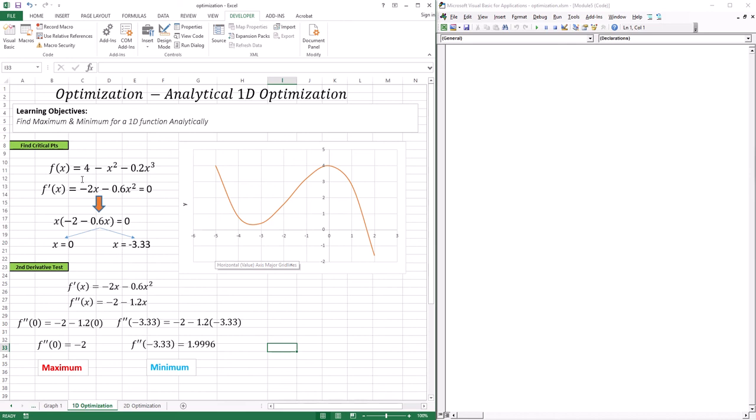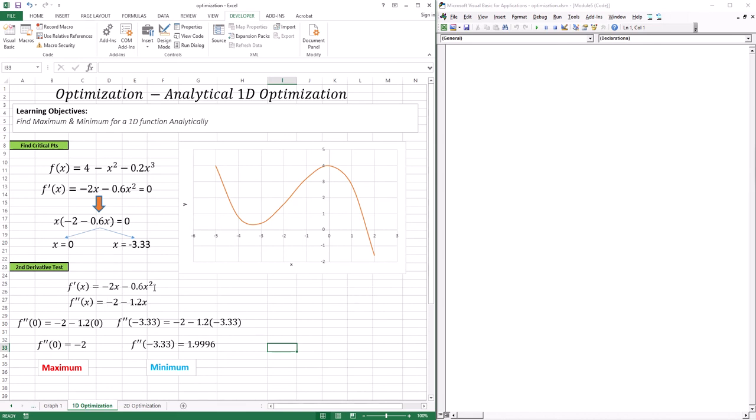To recap, we first find the critical points, basically where the derivative is equal to zero. Here's the function we're dealing with. We get the derivative function, set it equal to zero, and solve it, and we got x is equal to 0 and x is equal to negative 3.33. The next step is to classify these as either maximums or minimums, and this is basically getting the second derivative at these 2 points.